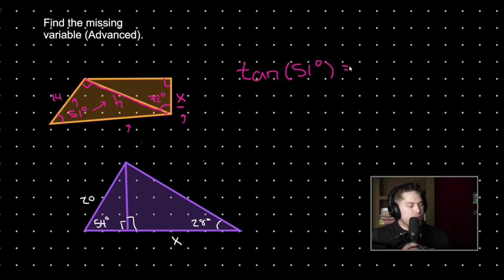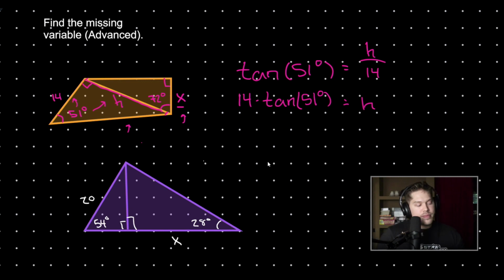Tangent of 51 degrees is equal to the opposite, h, over the adjacent side, 14. Therefore, my hypotenuse, if I multiply both sides by 14, is equal to 14 times the tangent of 51 degrees.